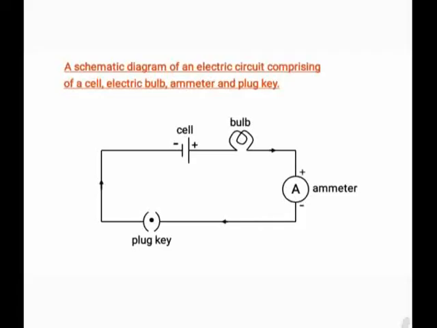The electric circuit figure shows the schematic diagram of a typical electric circuit comprising a cell, an electric bulb, an ammeter and a plug key. The electric current flows in the circuit from the positive terminal of the cell to the negative terminal of the cell through the bulb and the ammeter.